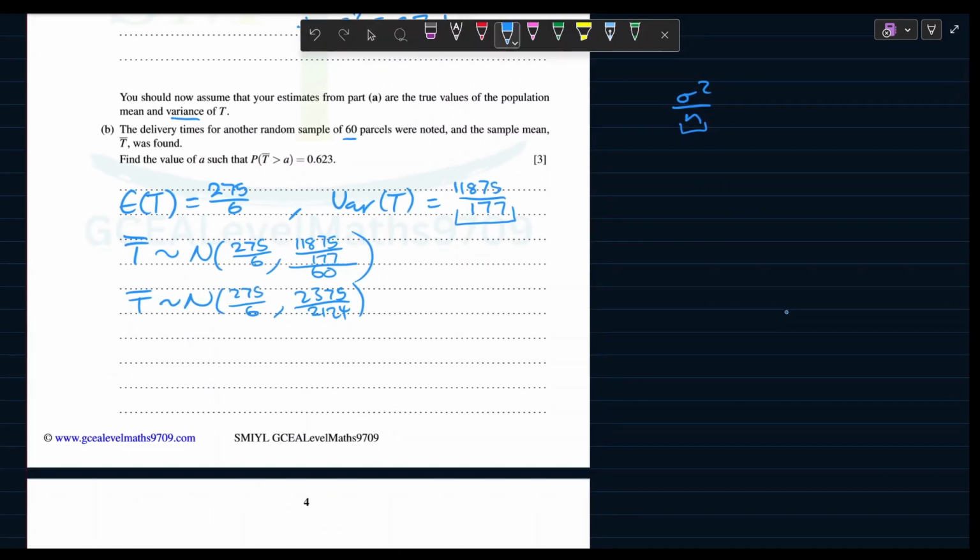All right, now let's look at the problem. We are given that the probability that t bar is greater than a is equal to 0.623.